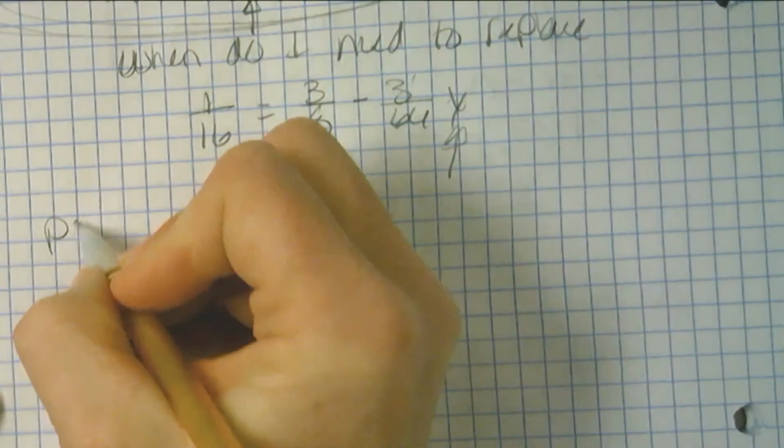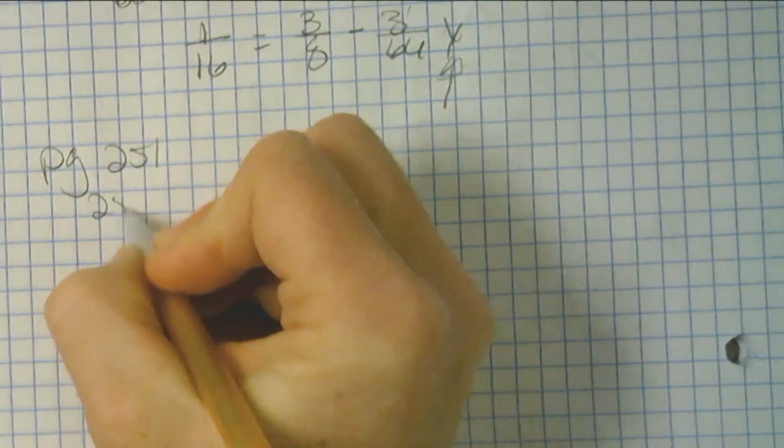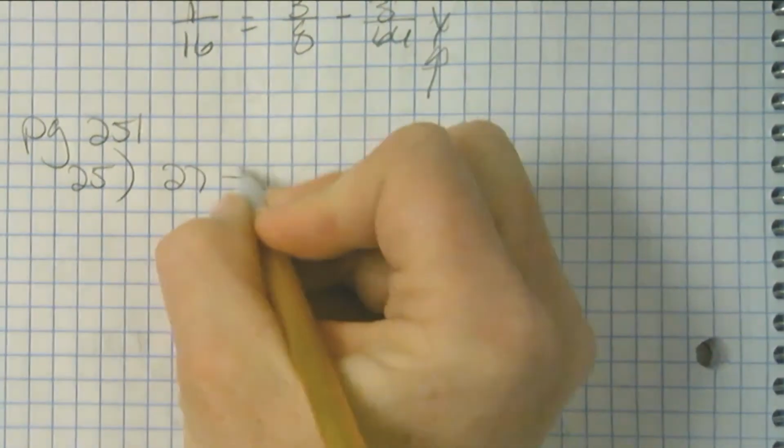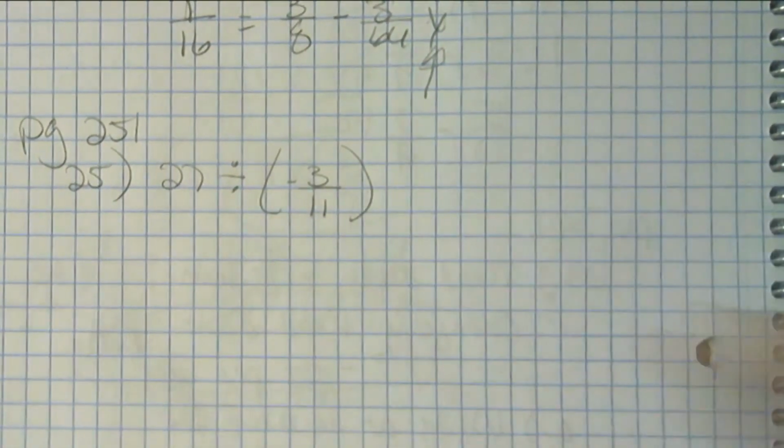All right, so let's take a look at page 251. You guys asked me for two of them. Let's start with 25. 25 said, I have 27 divided by -3/11. Who asked me for this?